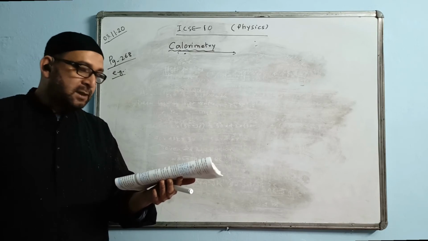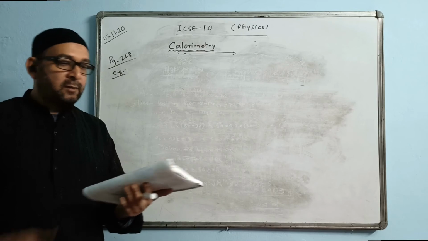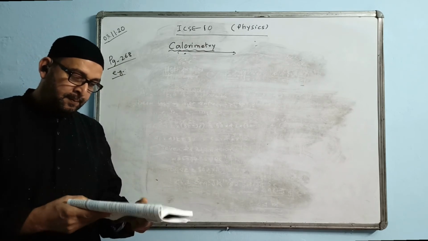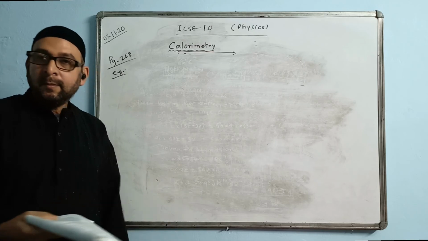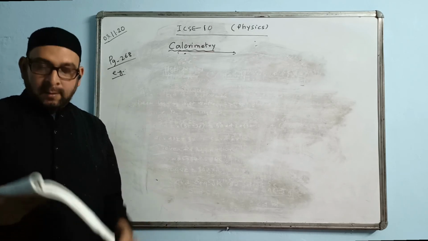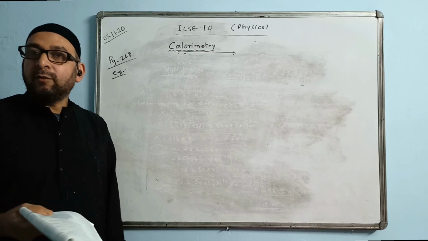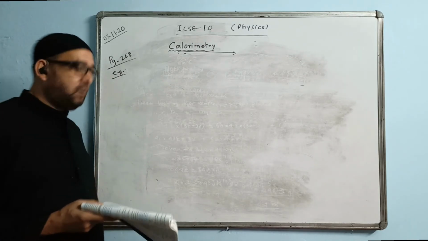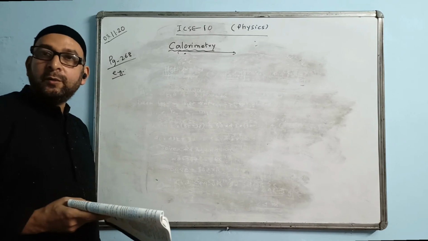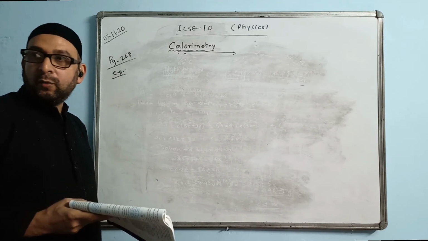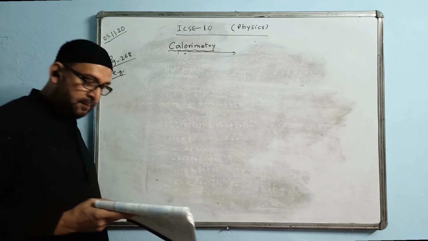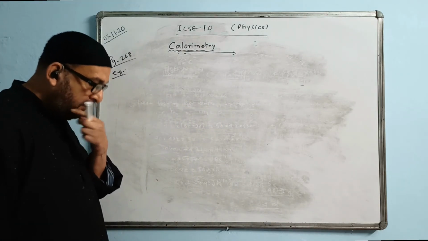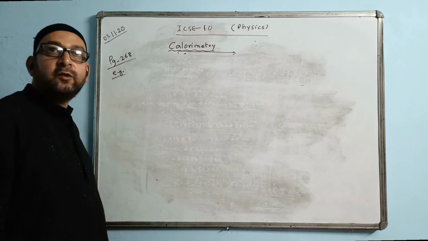Calculate the specific heat capacity of the metal. SHC of water, which is given in the question, is 4.2 joule per gram per Kelvin. Okay, that is the question.